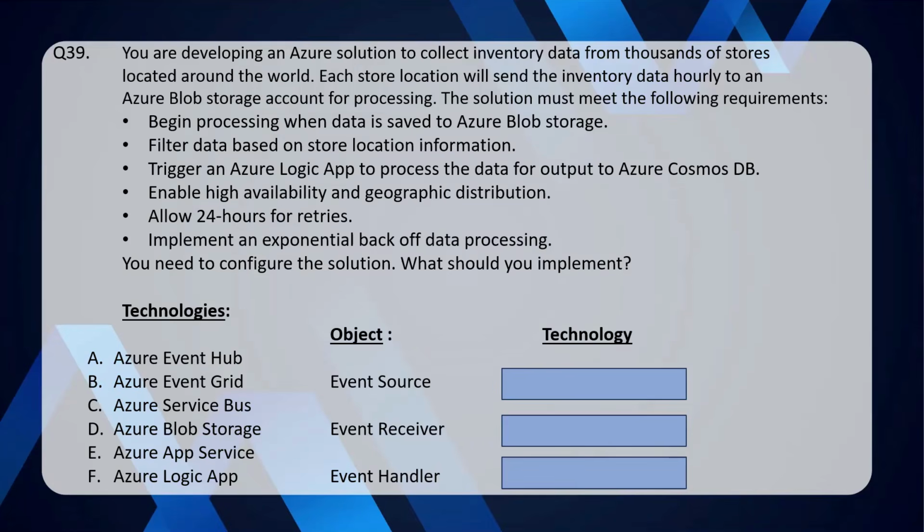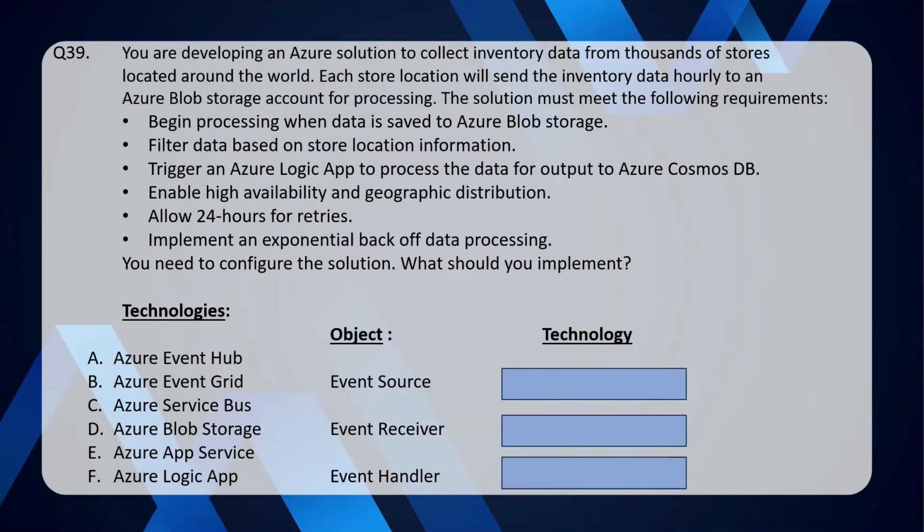Enable high availability and geographic distribution. Allow 24 hours for retries and implement an exponential backoff data processing. You need to configure the solution. What should you implement? Now you have the technologies mentioned as Azure Event Hub, Azure Event Grid, Azure Service Bus, Azure Blob Storage, Azure App Service, and Azure Logic App.